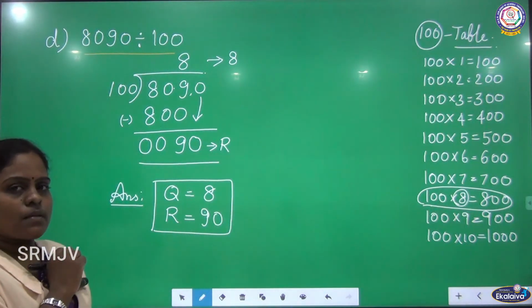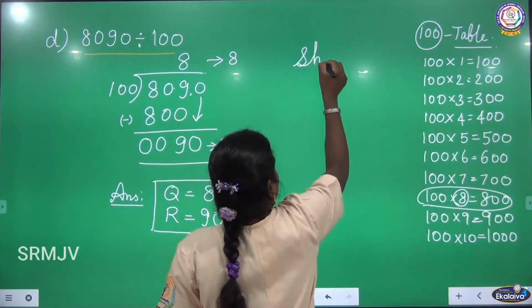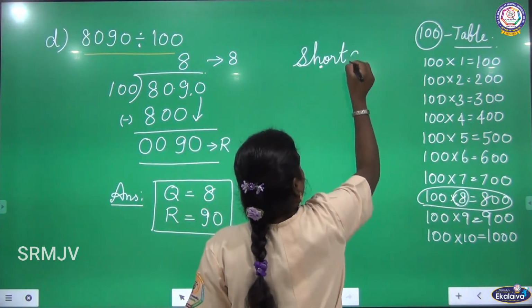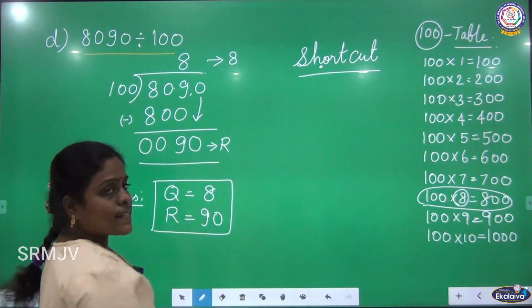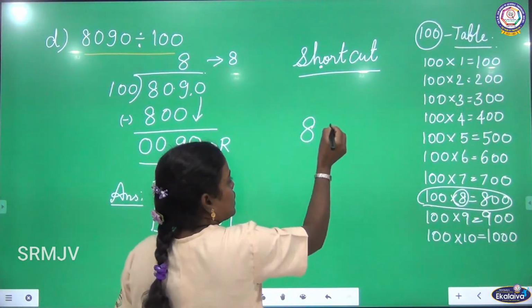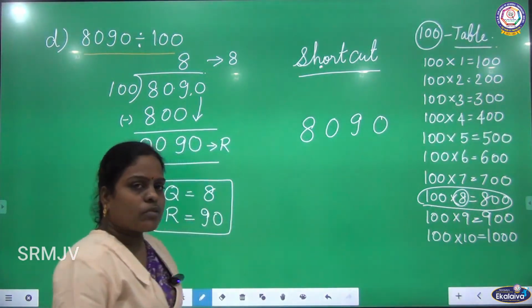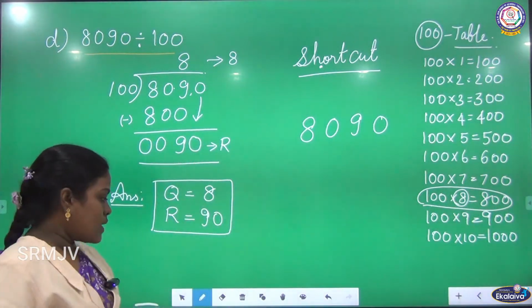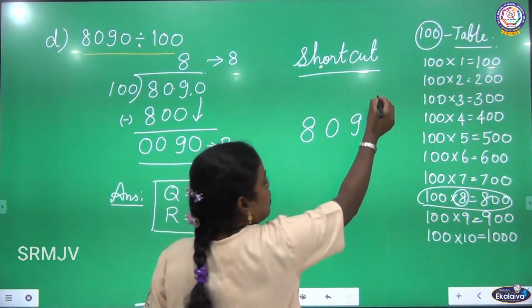Now we will do the same sum using the shortcut method. Write down the given number. What is the given number children? Yes, it is 8090. Now what we have to do? Yes, write down the place values.